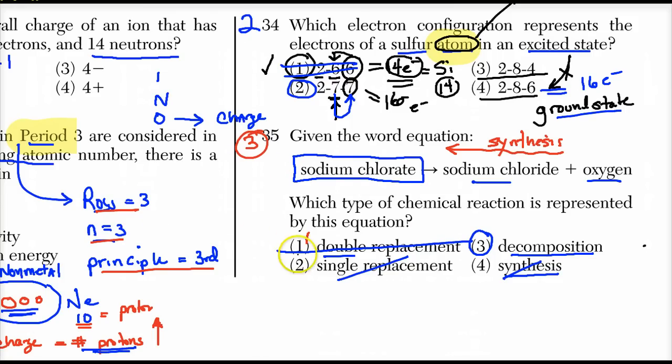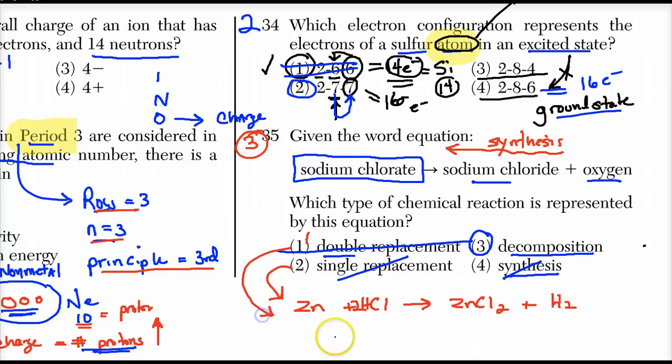Now, again, double replacement, I've drawn examples. Single replacement is kind of like our zinc plus hydrochloric acid, which we would single replace to make zinc chloride plus hydrogen gas. Let's balance that off. We need 2 of those. And then double replacement, real quick, could be something like lead nitrate.